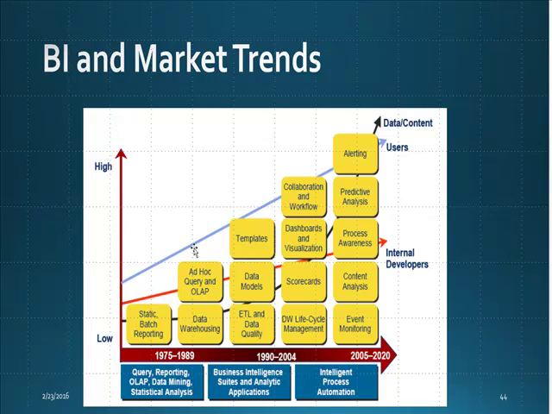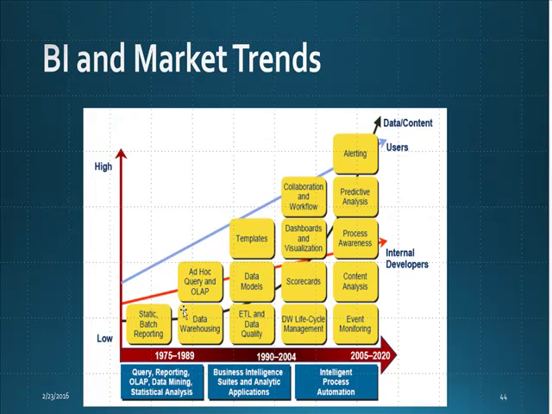All right, looking at business intelligence and the market trends related to where we are and where we are going in project management, in the design or application of the metrics, right? Early on, prior to the 1980s, the majority of the dashboards or the selection of metrics were pretty much static, right?